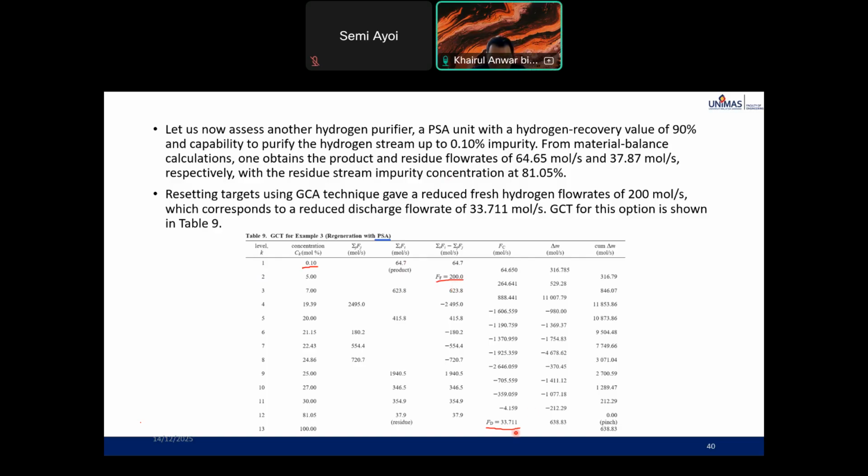The discharge is around 33.711, compared to the membrane at 15.475.